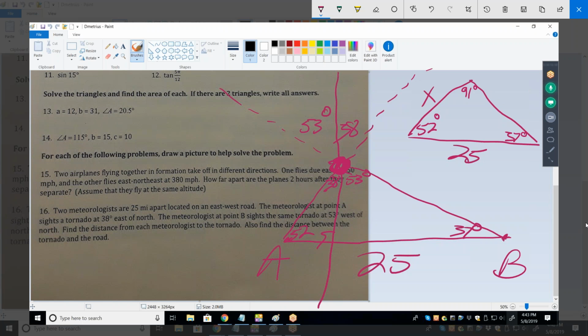So the first meteorologist is X distance from the tornado. Second one is Y distance from the tornado. And they also want the distance between the tornado and the road. So they want this line right there. So let's work with that.